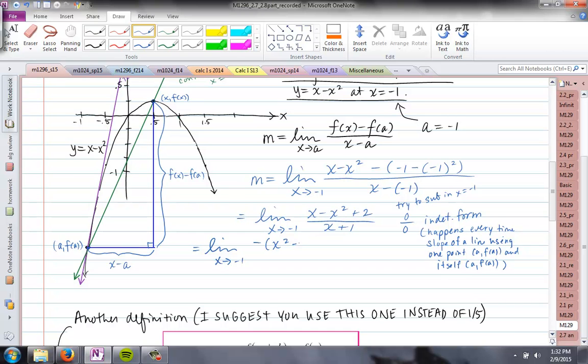We have x squared minus x minus 2, and I should be able to factor that with a factor x plus 1. Now that I factored out that negative, it's easier to see that this factors into x minus 2 times x plus 1. Then the x plus 1's cancel, and we should be able to plug in.